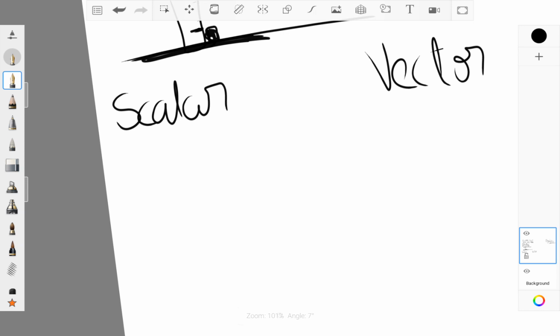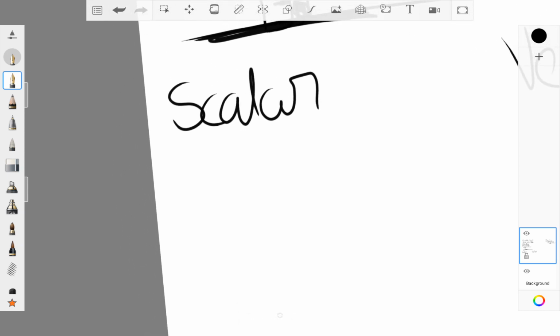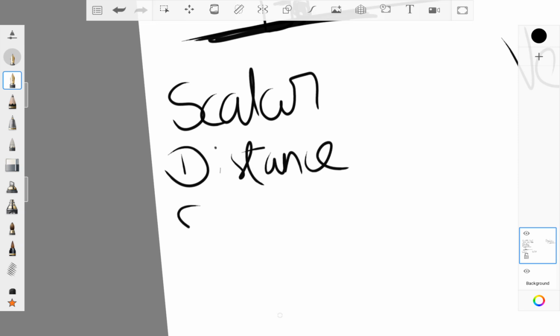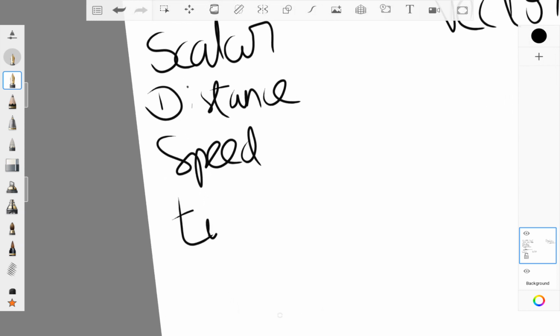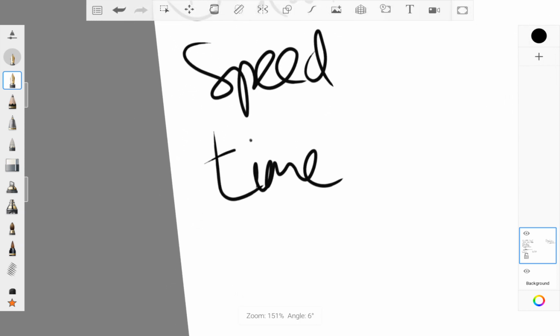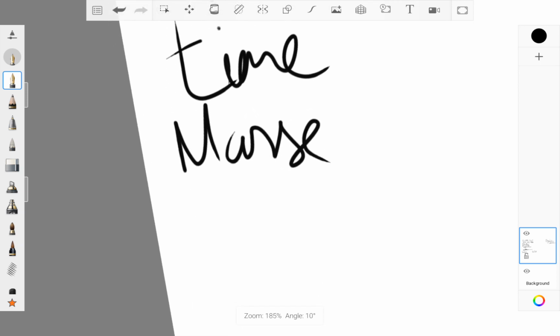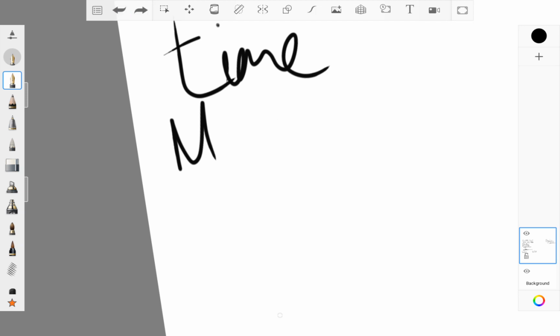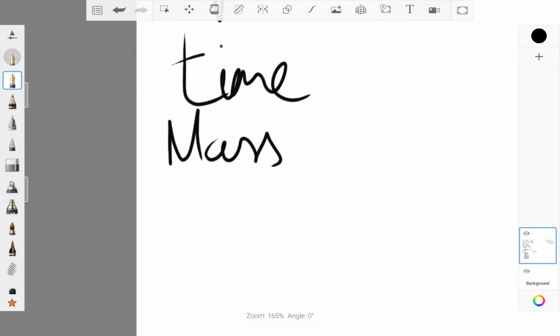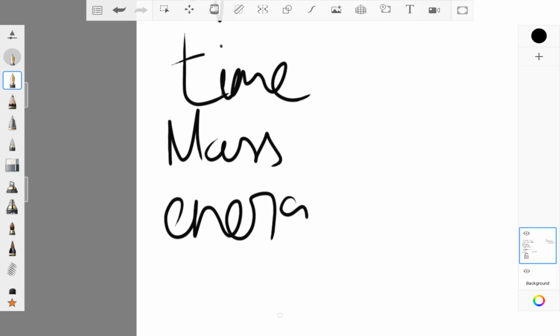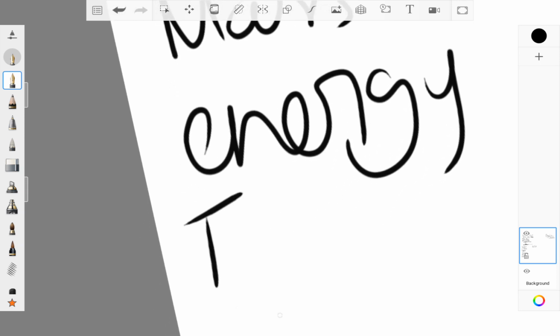So examples of scalar quantities that you must know are number one, distance, speed, time, mass, energy and temperature.